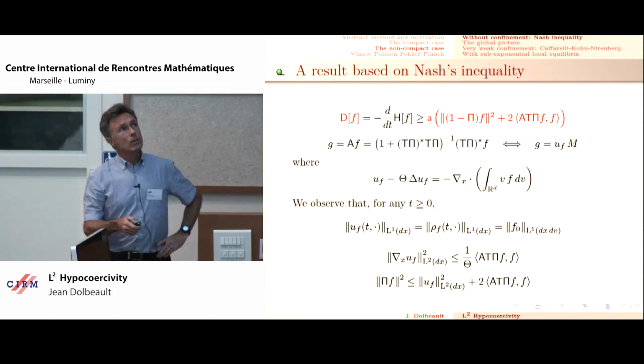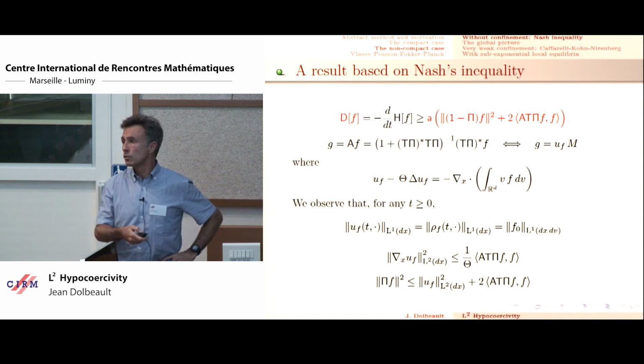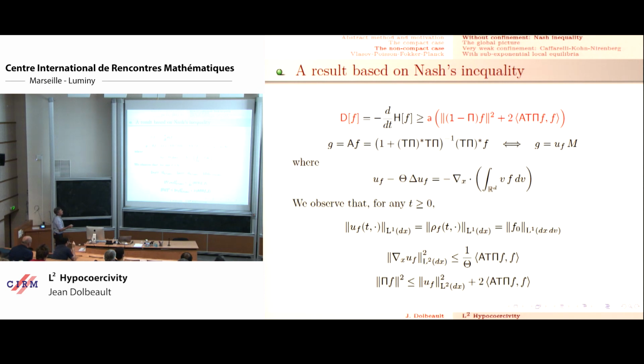So I recall that AF is computed by inverting T's equation, which tells you that in the Maxwellian case, for instance, G is given as a Maxwellian against a spatial density that I call uF, where uF solves the elliptic equation, which is here.